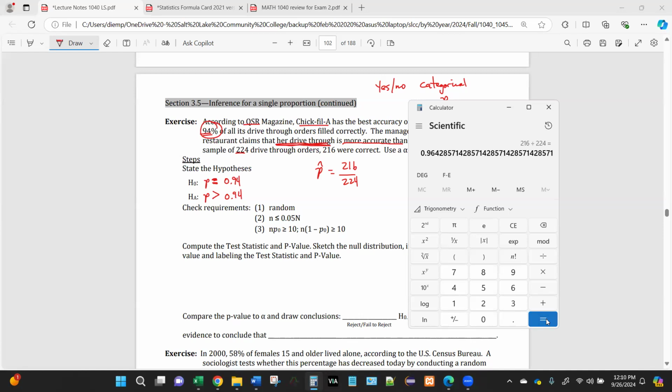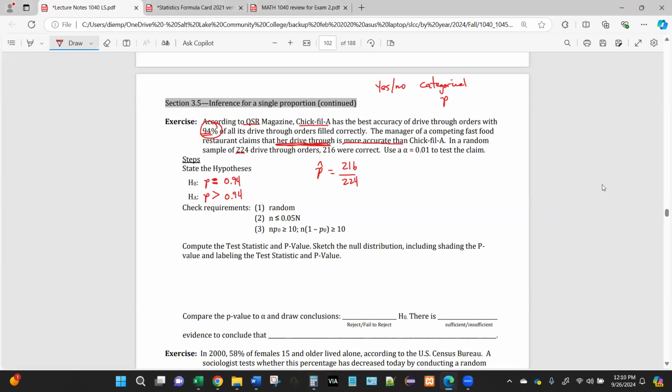So that's the sample proportion, success rate. So good for her. It does look like there's evidence that her system works, right? So this p hat here is 0.964.